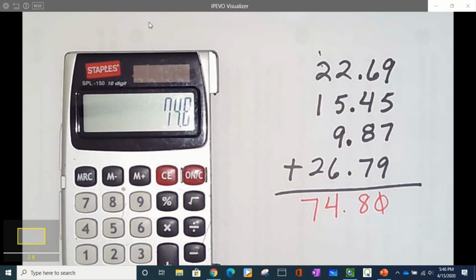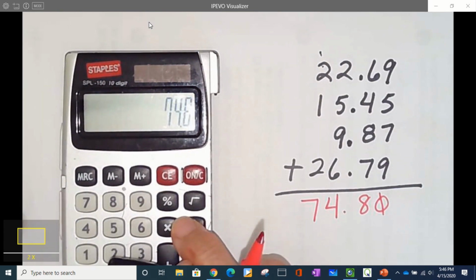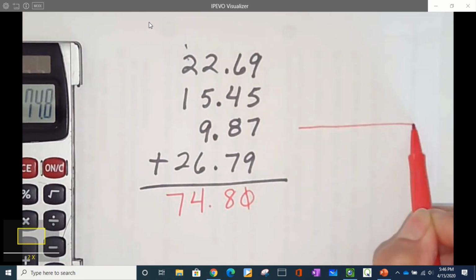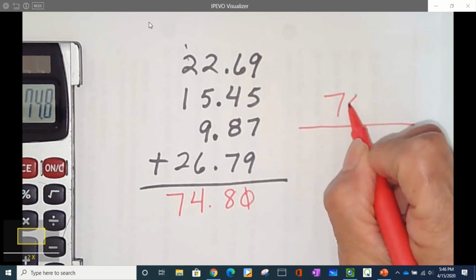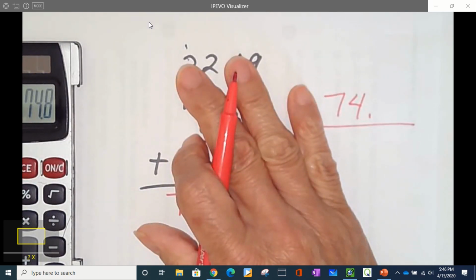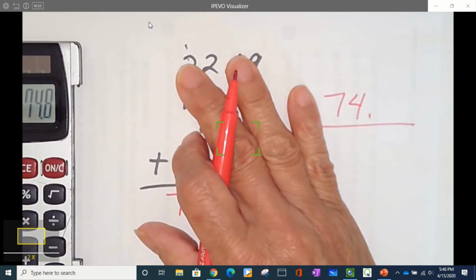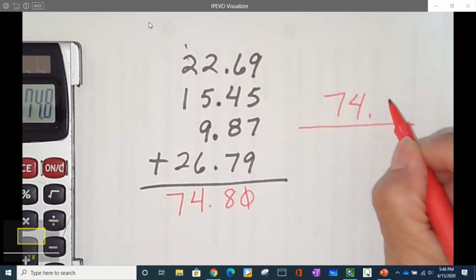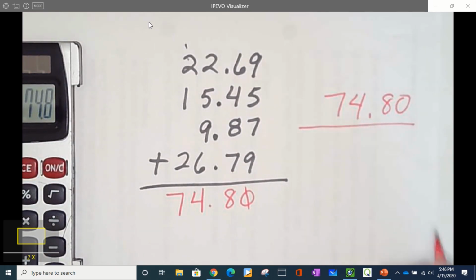Now I want to find my mean. To find my mean, I divide 74.80, divided by how many items? 1, 2, 3, 4.